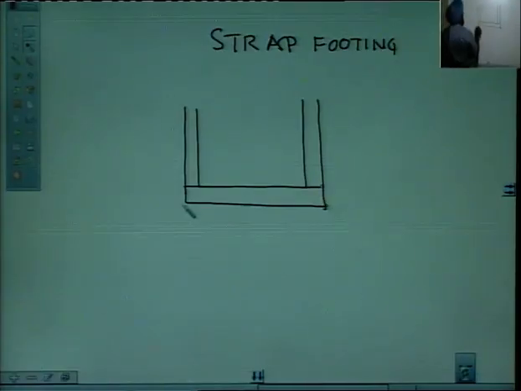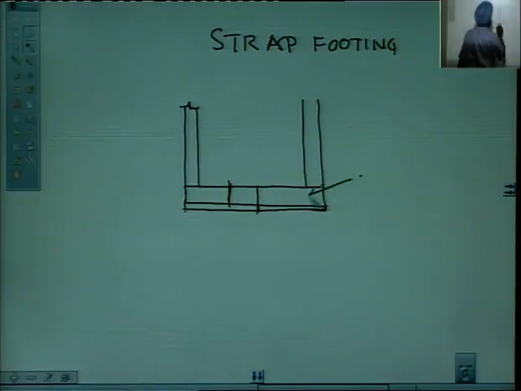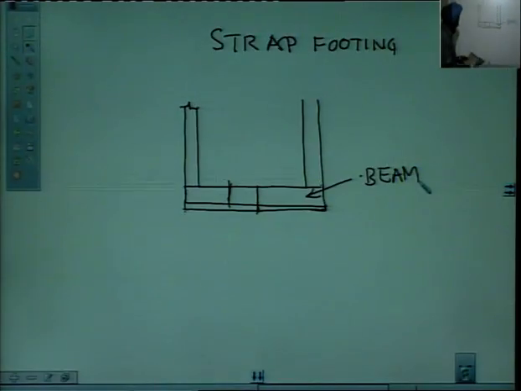Then below this, foundation is placed, this is strap footing. So, I am having certain foundation from this part to this part and this beam is also there. So, this way various alternatives can be made for this foundation part.